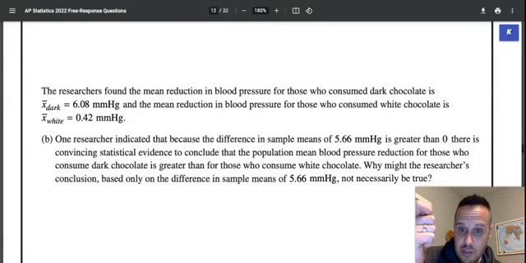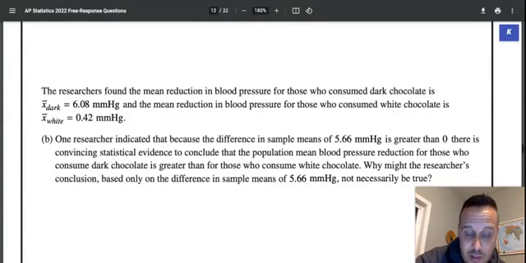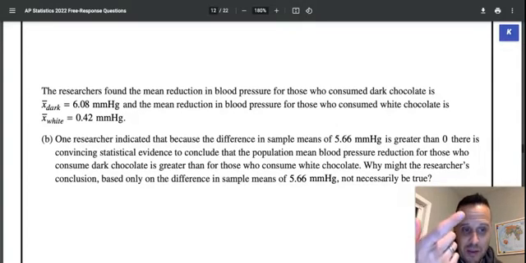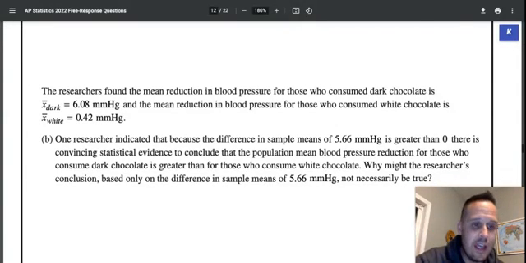Why might the researcher's conclusion based only on the difference not necessarily be true? Because if you have really big standard deviations, okay, then when you add those variances, and because we have small sample sizes, then it may only be one standard deviation away from 5.66 to actually get to 0, in which case it's not that unusual.